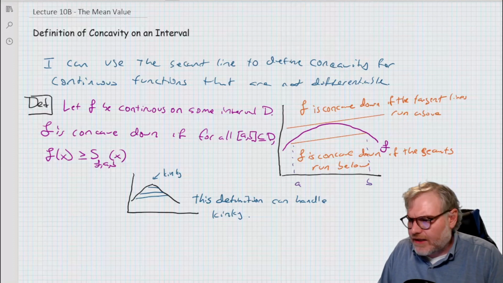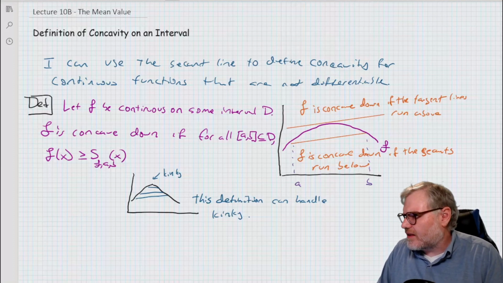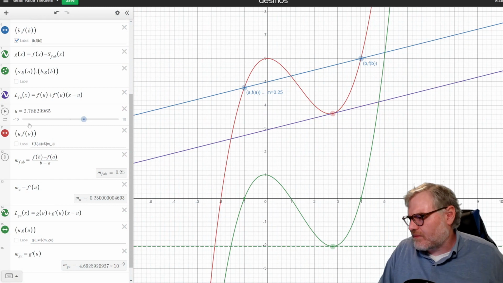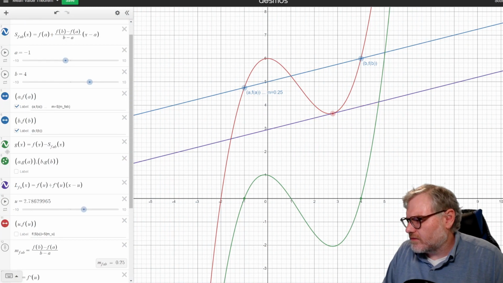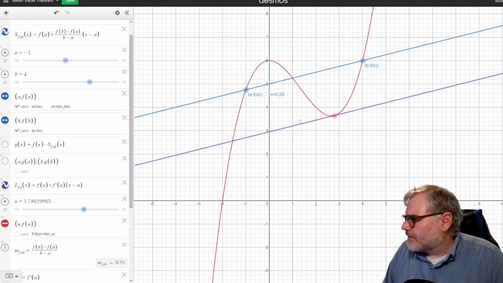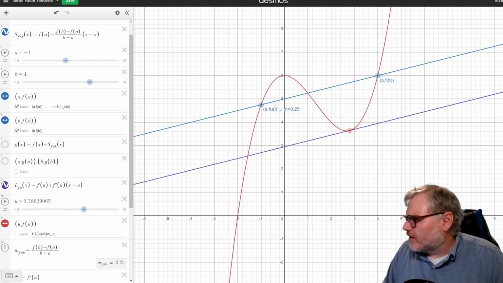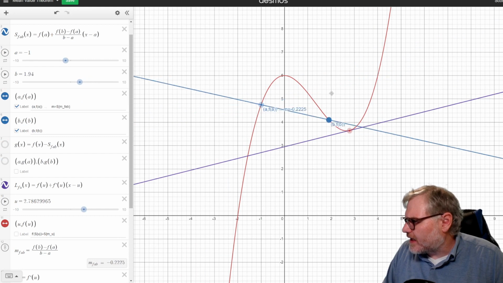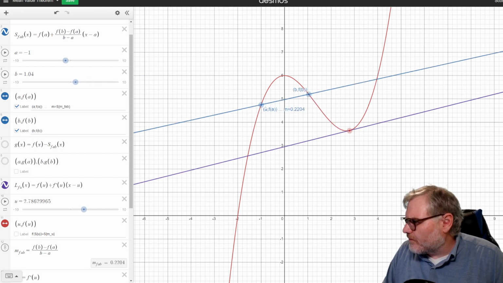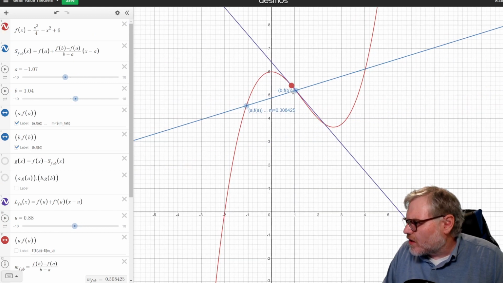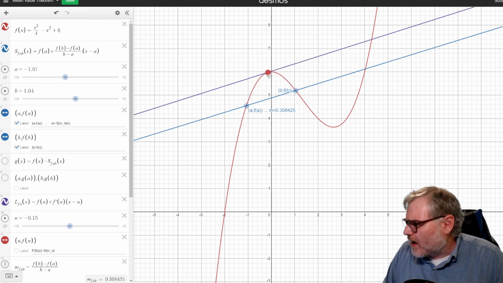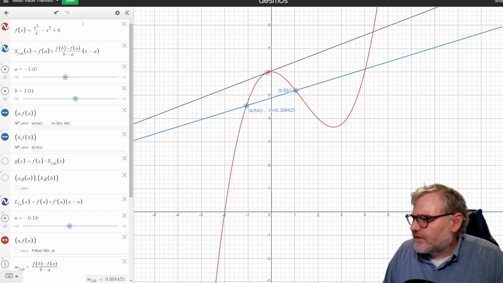And if we look here, we can actually see that on our functions that we were playing with earlier. Okay, so here, of course, it's set up for this area right here, right? Let's say this is my interval. Now here, you'll notice that the tangent lines for this interval run above.